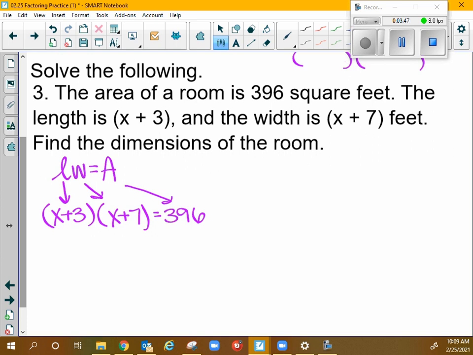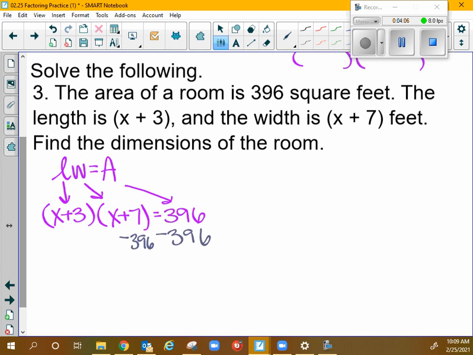Does that help me find any of the dimensions? No, the way that it's written, I can't solve it. I can't solve a quadratic unless it's equal to what? 0. How do I make this equal to 0? Move the 396. Minus 396.